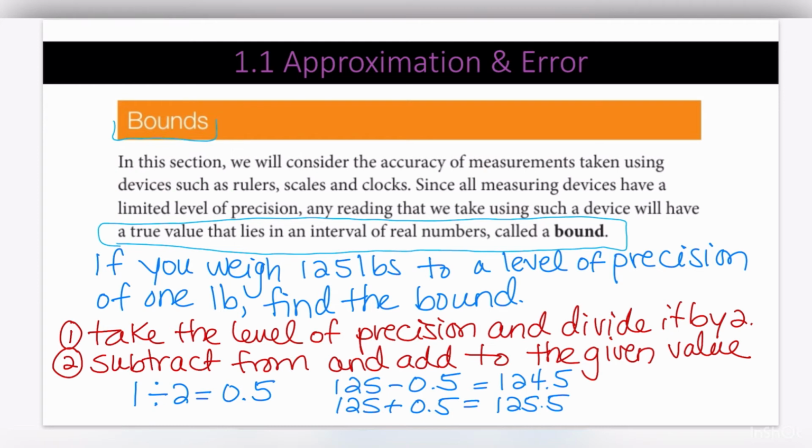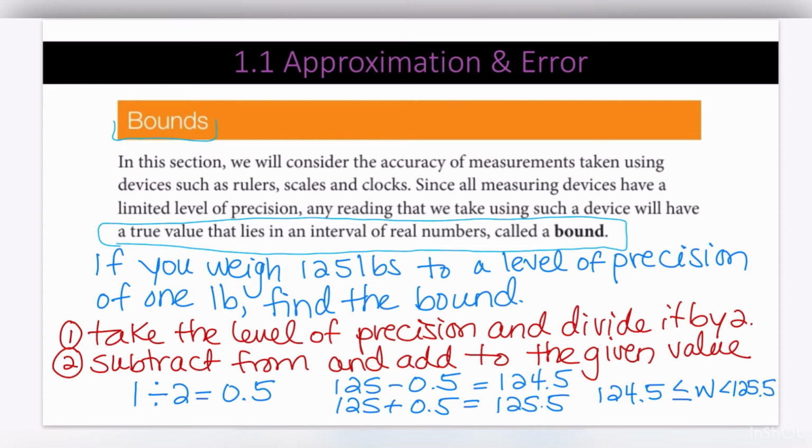Last but not least, I'm going to rewrite this as an inequality. 124.5 is less than or equal to W, I'm going to say W for weight, but I could have used X or whatever the variable they want us to use, which is less than 125.5.